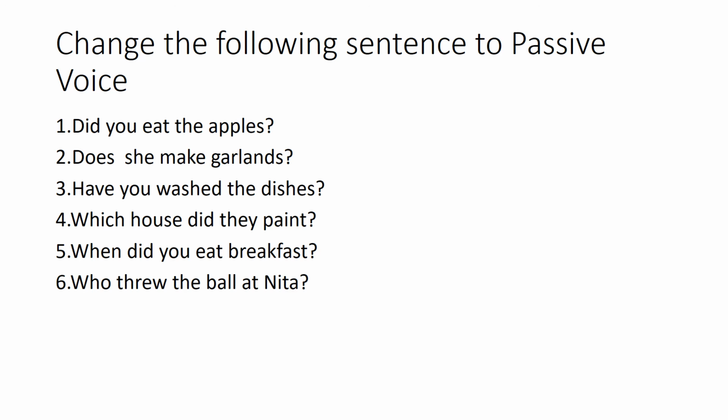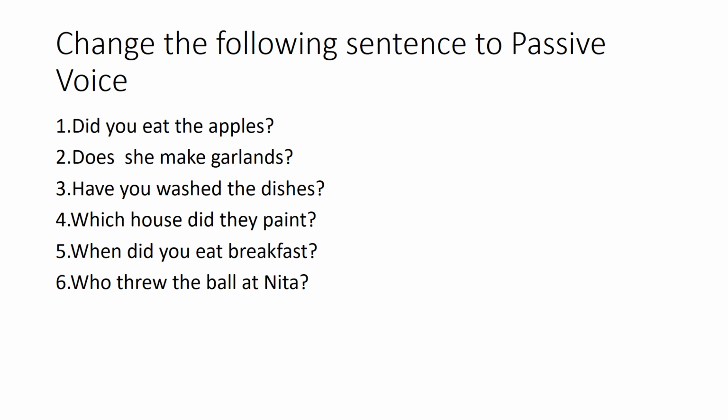In the fourth, fifth, and sixth example, when a question begins with who, what, which, and is changed from active to passive voice, the question word is retained and a preposition, usually by, is used.